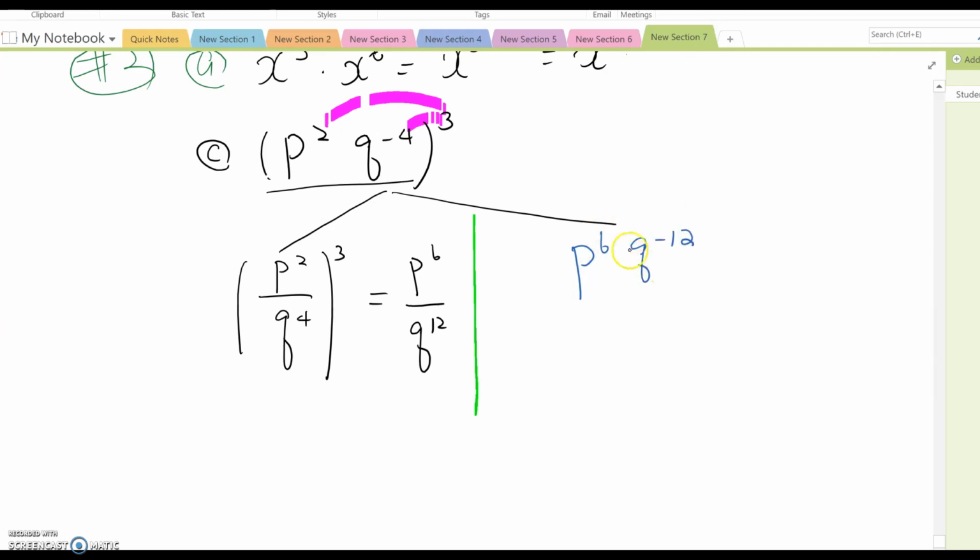And then for any factor which has a negative exponent, you just make it a fraction term. So p to the 6 times 1 over q to the 12, so p to the 6 over q to the 12. Either way is okay. So just choose whichever method makes more sense and is easier for you. Okay? Then now look at page 55.